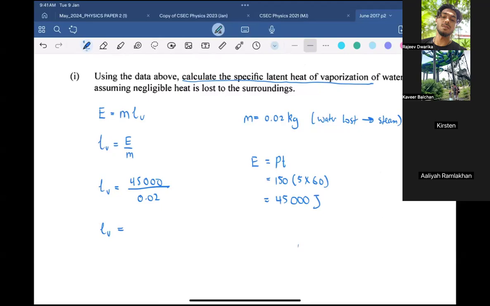Yeah, guys, plug it into the calculator. 2,250,000. Yeah, that's what you see, right?